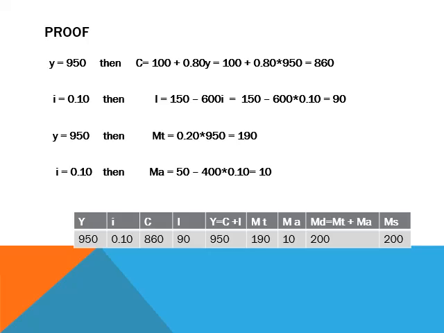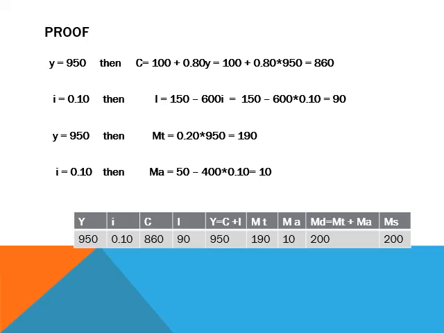Aggregate demand in this case equals c plus I. So the summation of c and I should equal income.